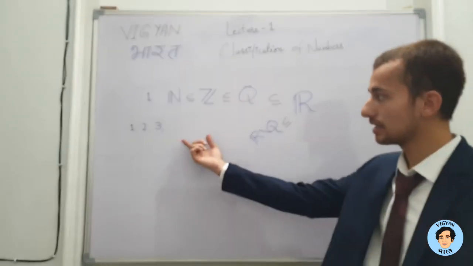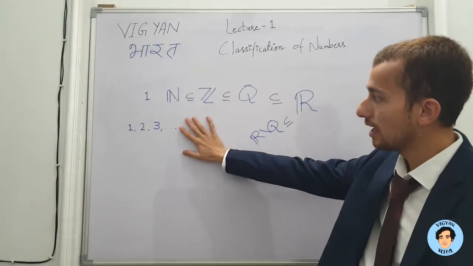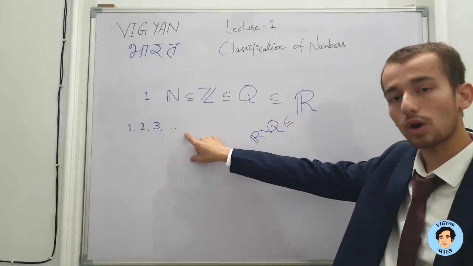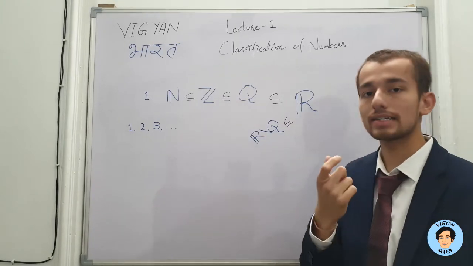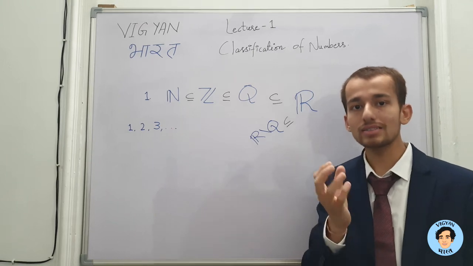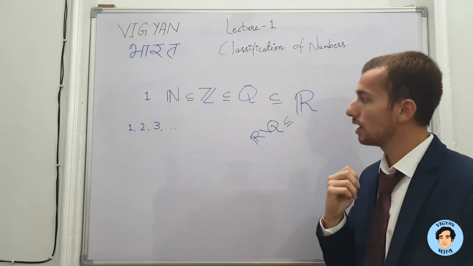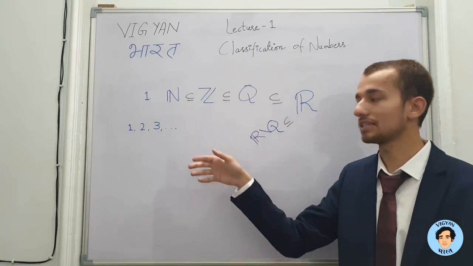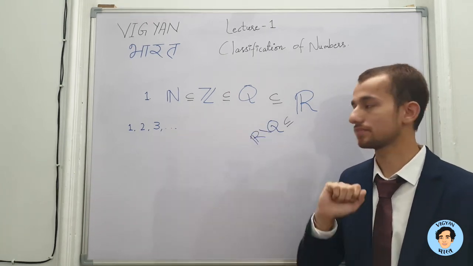This list, as you can see, has 3 dots, and these 3 dots are called ellipses in mathematics. What does that word ellipses mean? That this list goes forever in a similar fashion as we have just written it over here.